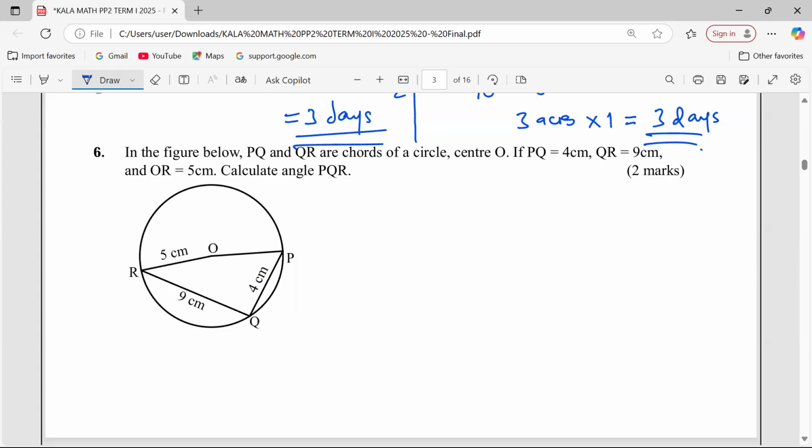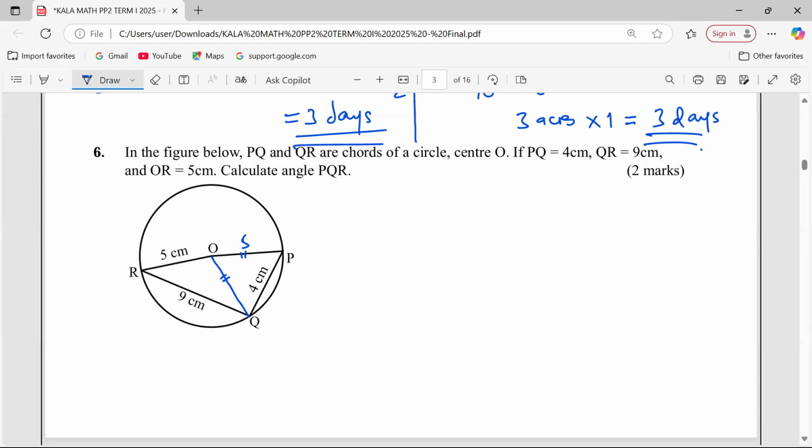Calculate the angle PQR. Now look at it this way. We already have a radius, so OR is also 5. OP is also 5. Then from O to Q, it's also to the circumference, so that is also 5. So we have 2 isosceles triangles here.